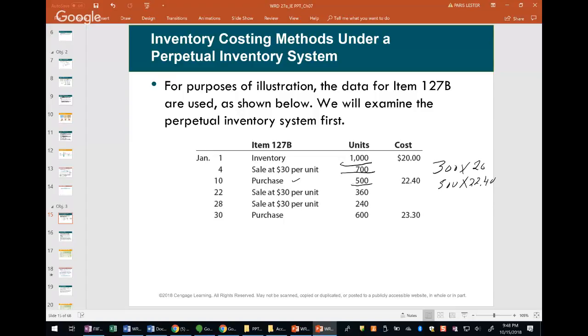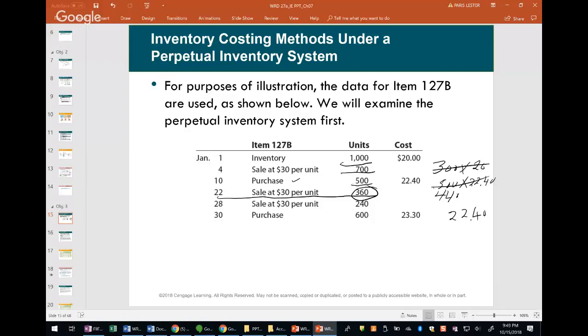All right, now we're going to sell. What 360 are we going to sell? Under FIFO, we're going to sell those 300, aren't we? And we're going to sell 60 of these 500. And that leaves us 440 at $22.40.